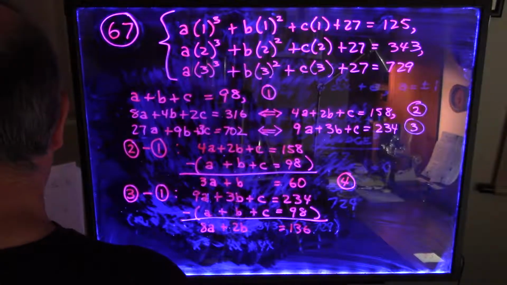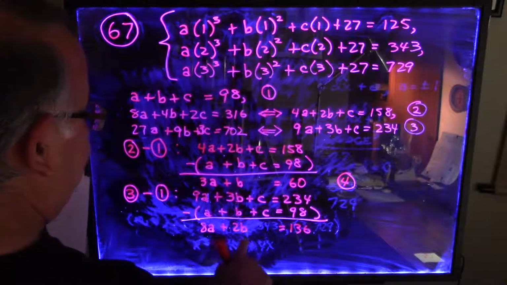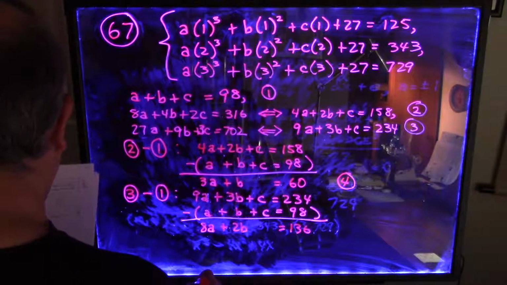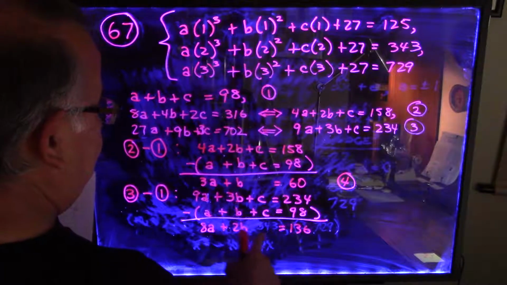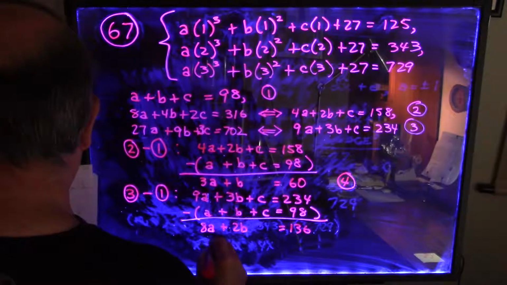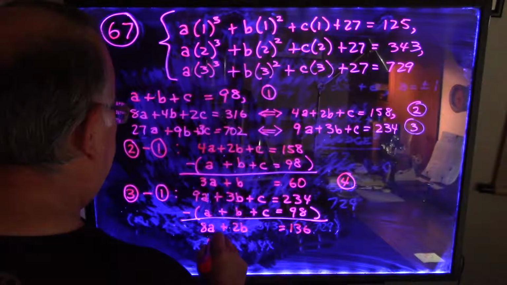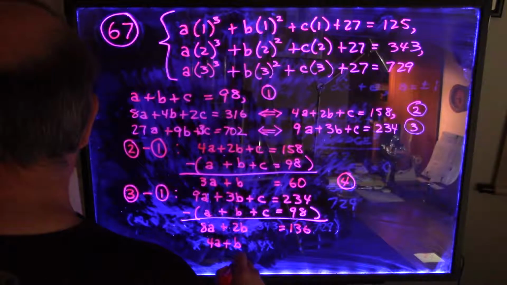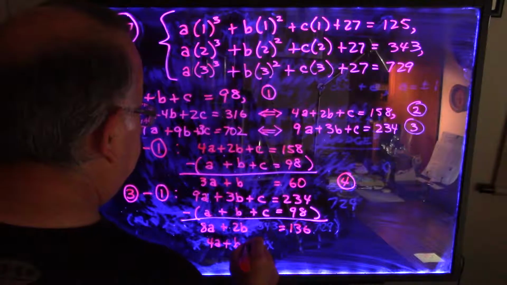Now I can divide both sides of this equation by 2 and come up with a simpler equation. You get 4a plus b equals 68.